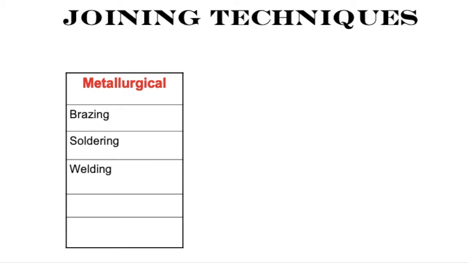Because they involve atoms of one metal diffusing into the other. So these three, brazing, soldering, and welding, involve two pieces of metal joined by the process called diffusion, elements of one diffusing into the other and then ending up as one piece. These metallurgical joining techniques are sometimes called hot joining techniques. And these are the typical examples.